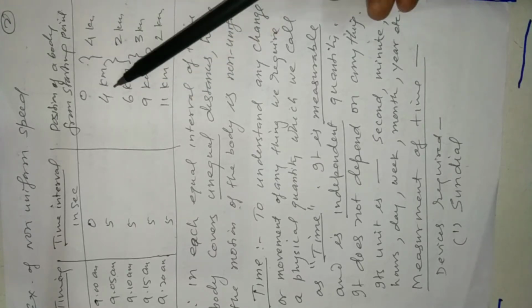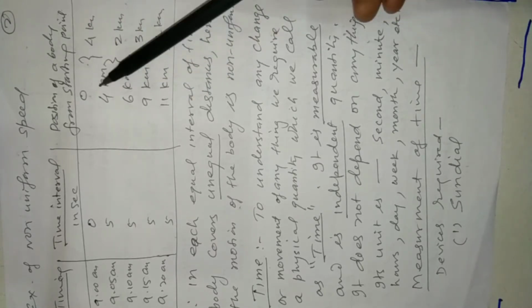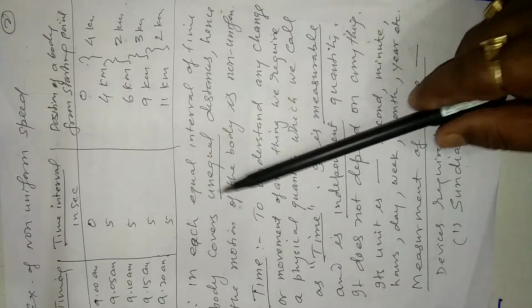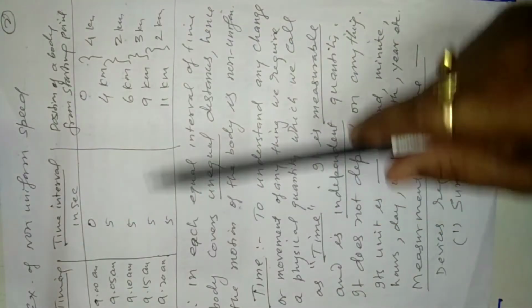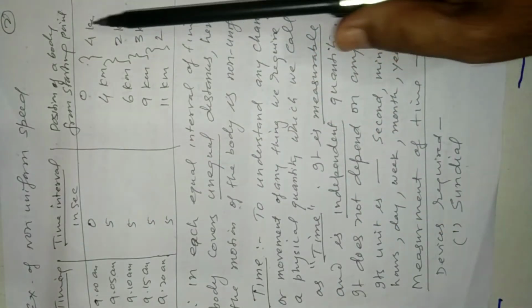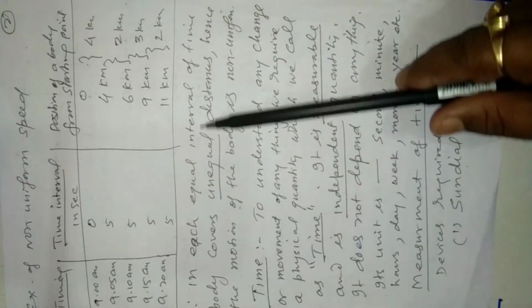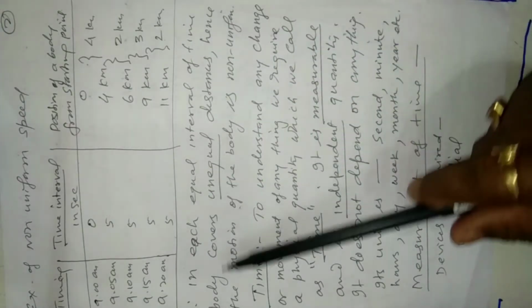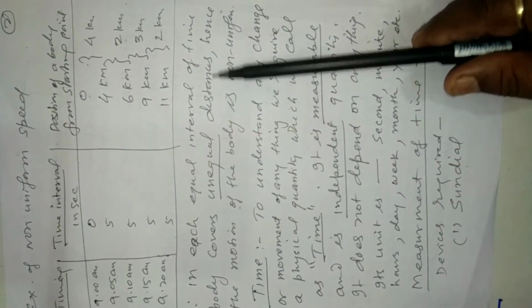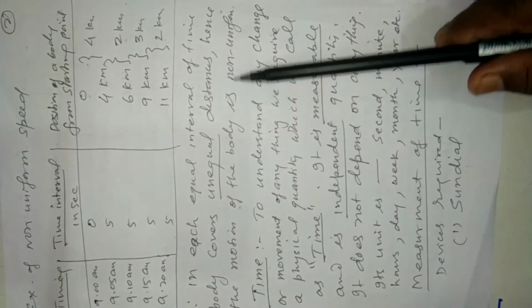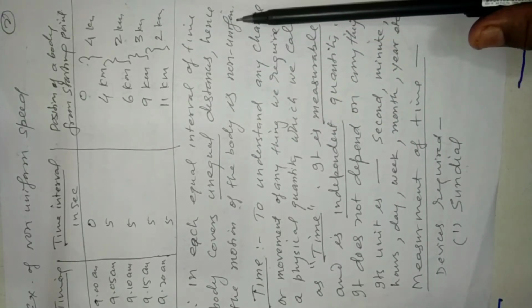You can see the difference between 0 and 4 is 4, 6 and 4 is 2. So you can see the time interval is the same, but the distances covered by the body in equal intervals of time are different, since in each equal interval of time the body covers an unequal distance, hence the motion or speed of the body is non-uniform.